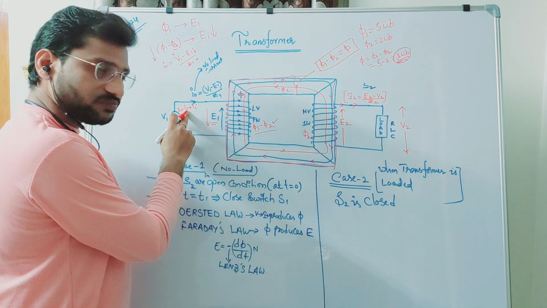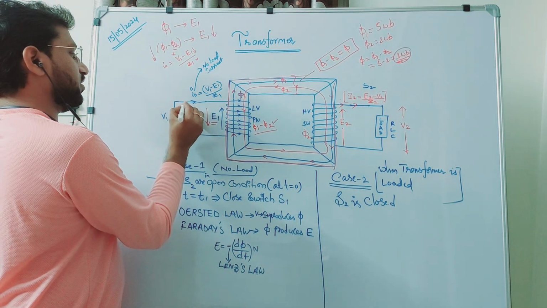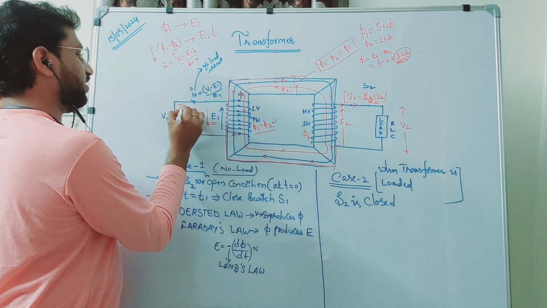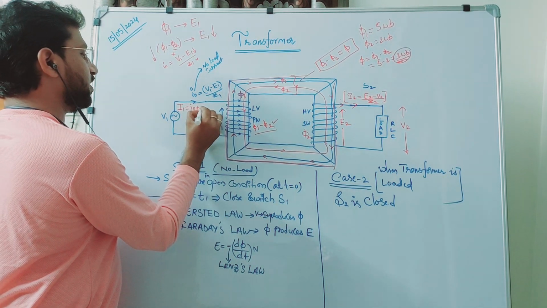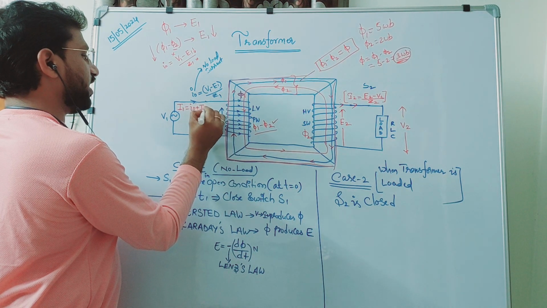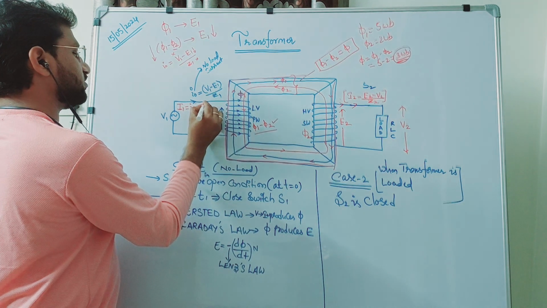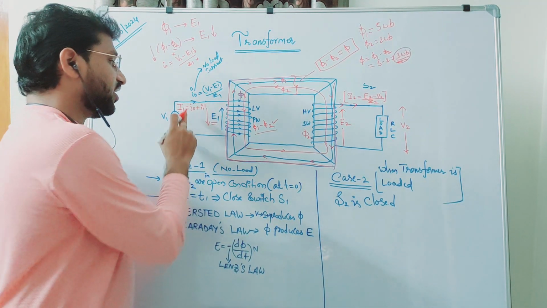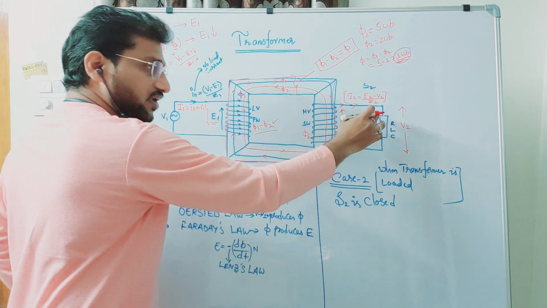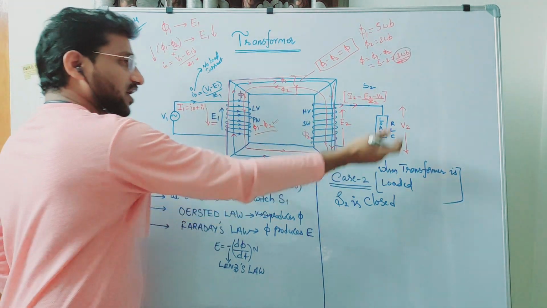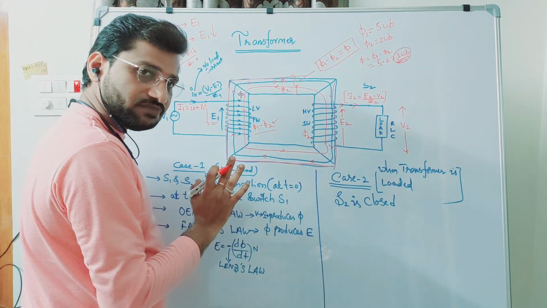Initially it was I0. I will write a little bigger one. So here it is I1: I0 plus I1 dash. What is I1 dash here? What is I0 here? I0 was the original current which was existing when the load was not there. Now because of load connectivity, I2 came into picture.